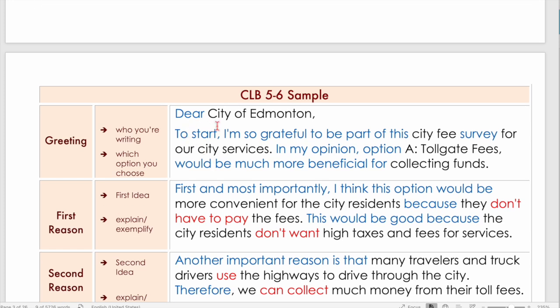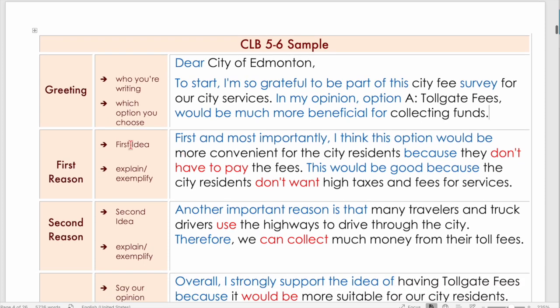Okay, we said, Dear City of Edmonton, to start, I'm so grateful to be part of the city fee survey for our city residents. In my opinion, option A, tollgate fees, would be much more beneficial for collecting funds. Very good, everyone. We want to read sentence by sentence, and we want to understand the structure and the expression of ideas, okay?